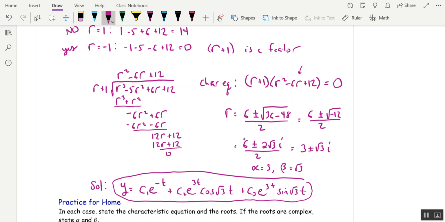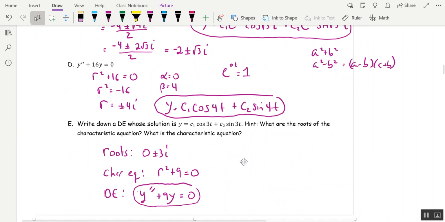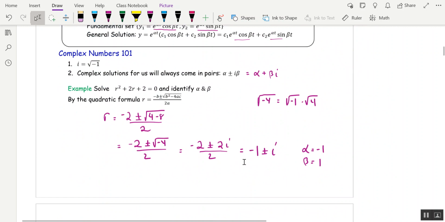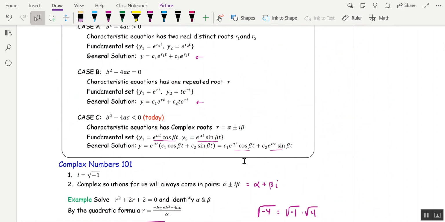Okay, so that's really the end of the lecture, but just stay a couple minutes more if you want to know where this strange cosine and sine is coming from in the complex case. So it comes from Euler's formula. In general, if r is a root of the characteristic equation, a solution looks like y equals e to the rt.